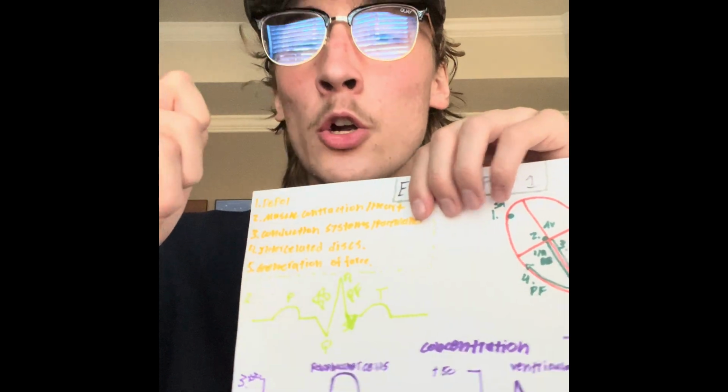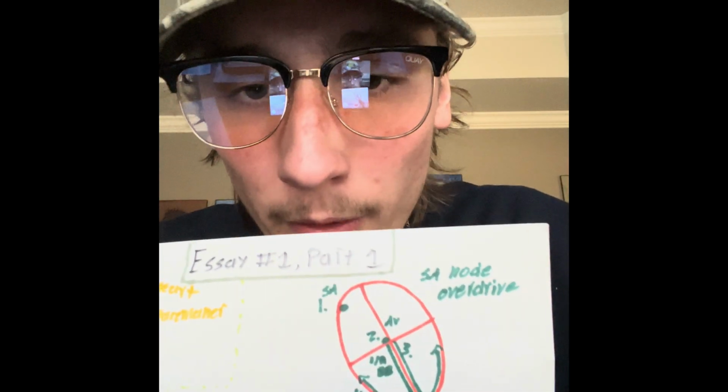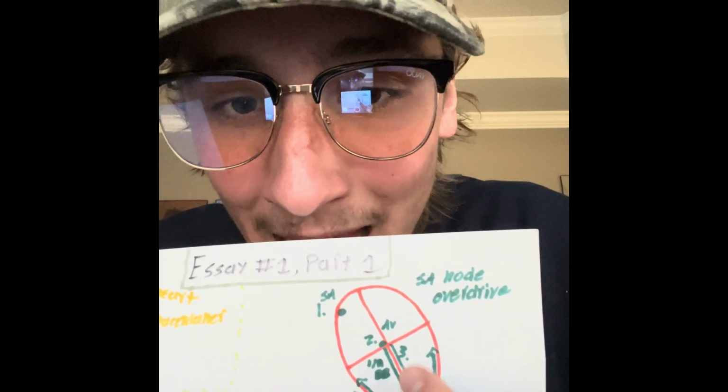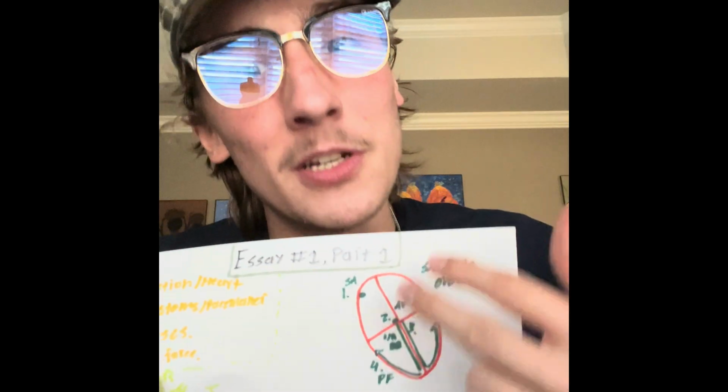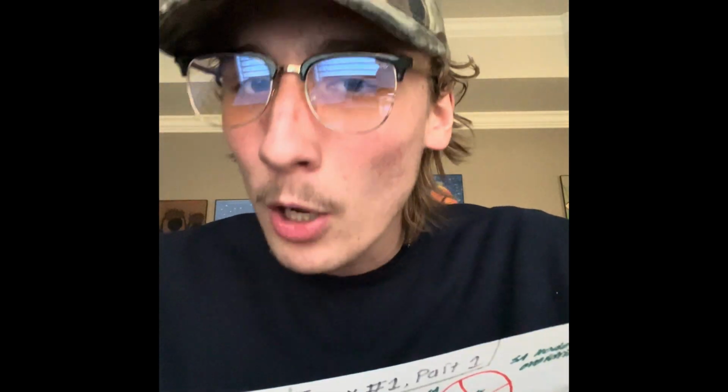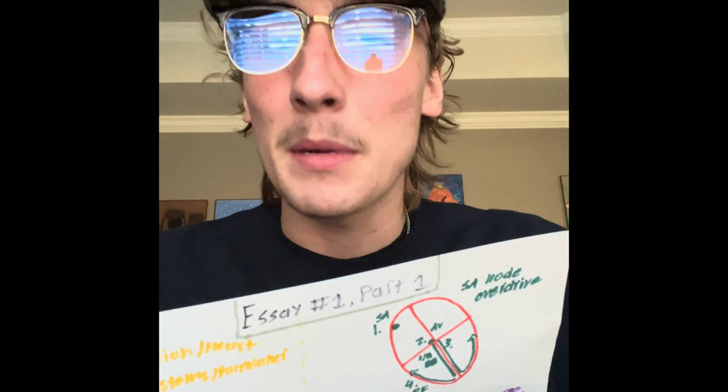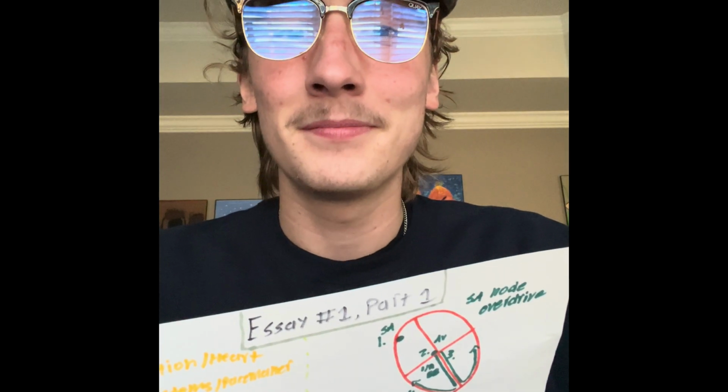It doesn't have a true resting membrane potential because it's always upticking and firing that depolarization signal, because these pacemaker cells are at sites of inherent automaticity. So at the SA node, at the AV node, at the right and left bundle branches, and at the Purkinje fibers, they can spontaneously depolarize, meaning that they don't have a resting membrane potential, which is really cool.